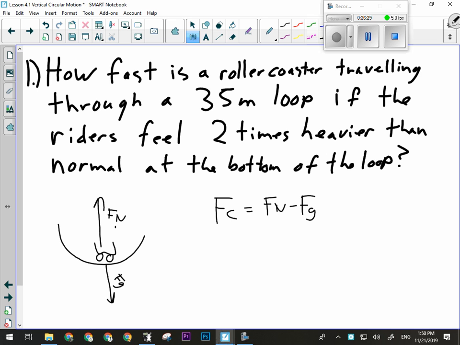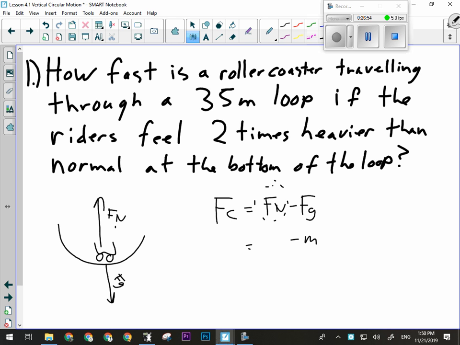Now, how heavy do I feel normally? However heavy you are. Good answer. How do I calculate that? Right, my mass times 9.81, right? M times g. All right, so what we're saying here is that this force is 2 times bigger than normal.